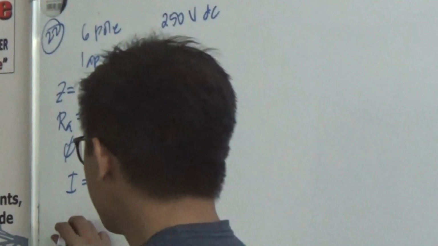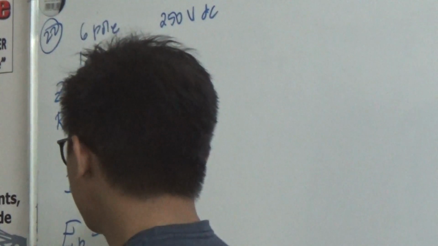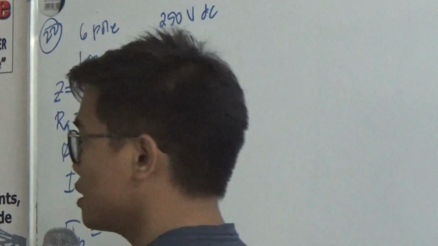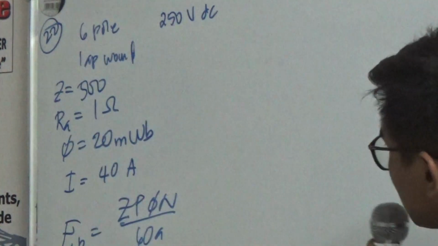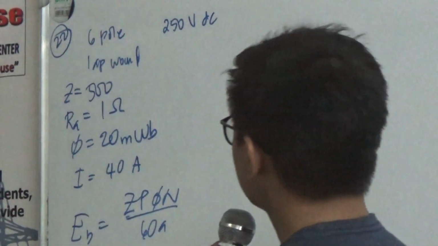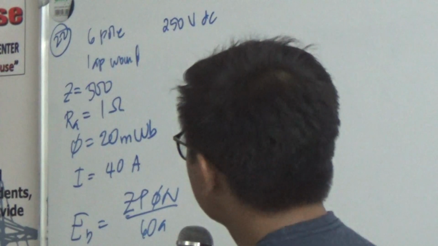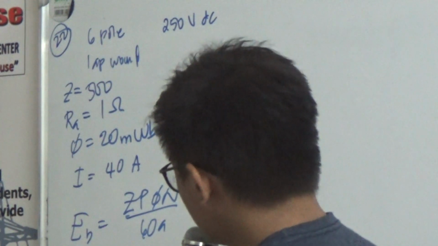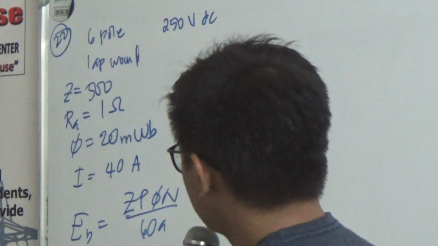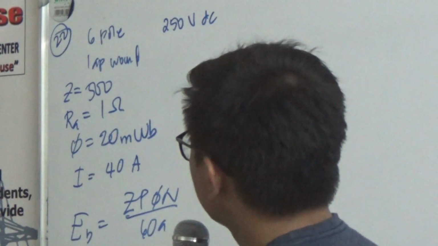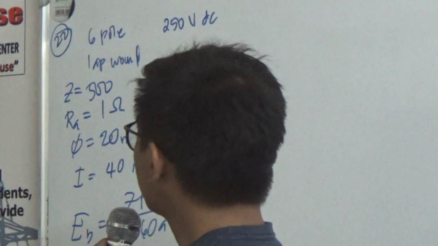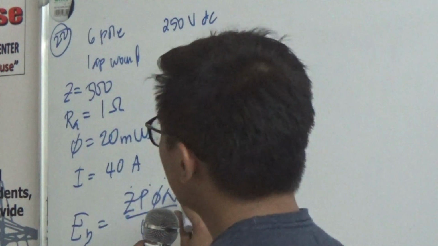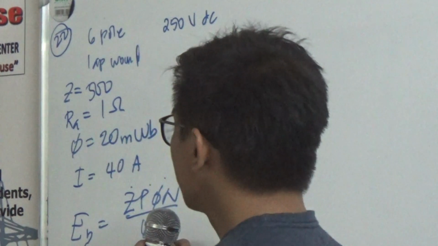So, from the formula, back EMF is equal to ZΦNP over 60A. We have back EMF, 250, conductors, poles, flux. The speed is what we are looking for.